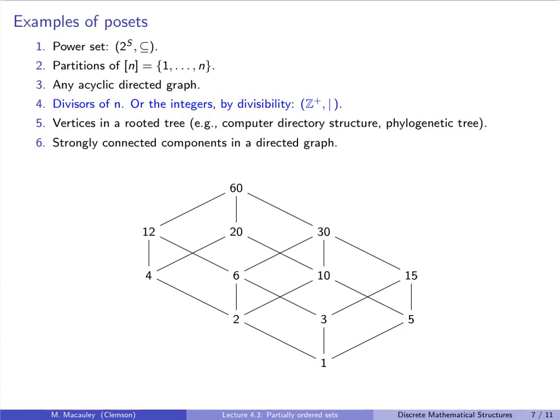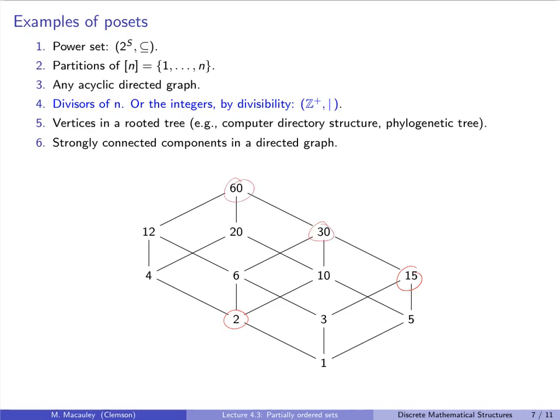Let me illustrate the concept of a GCD and LCM in this example. So let's see, what's a good example? How about 2 and 15? So the least common multiple is, if you look at the set of all things that are above both of these, there's 30 and there is 60.